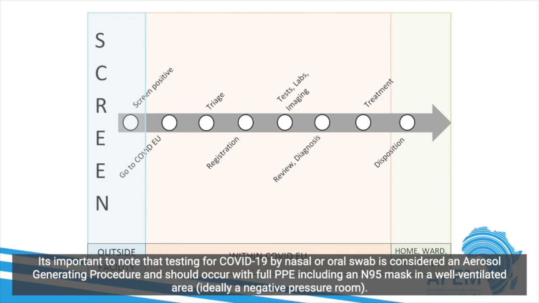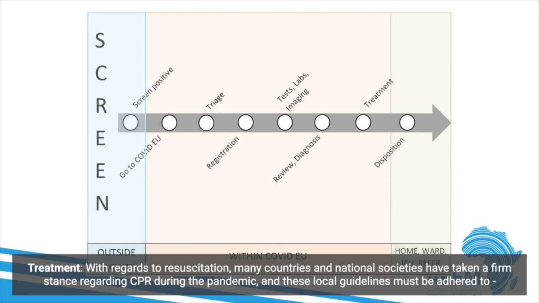It is important to note that testing for COVID-19 by nasal or oral swab is considered an aerosol generating procedure and should occur with full PPE, including an N95 mask in a well-ventilated area, ideally a negative pressure room. When it comes to treatment, and especially with regards to resuscitation, many countries and national societies have taken a firm stance regarding CPR during the pandemic, and these local guidelines must be adhered to.